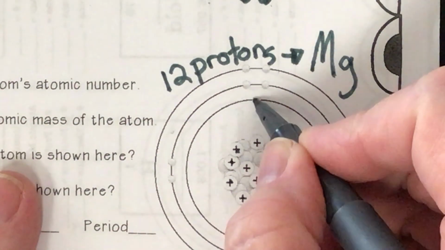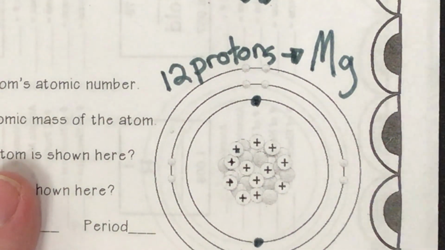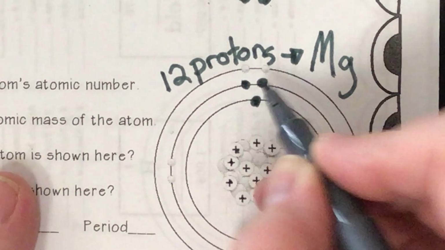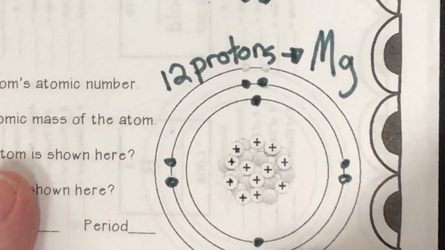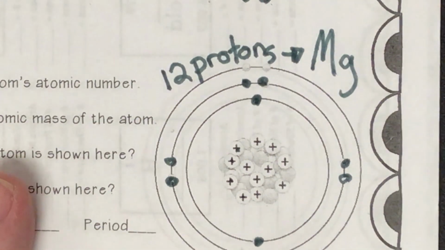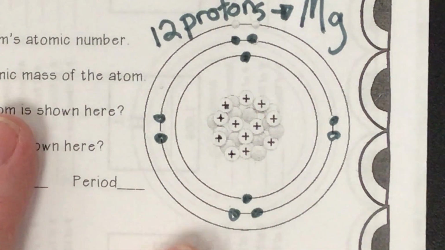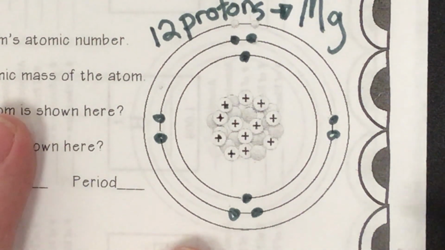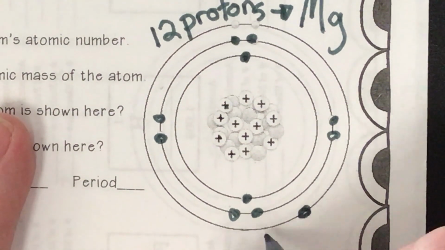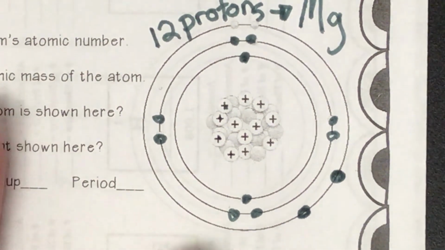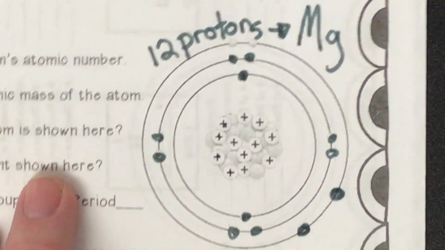So we've got to do 12 electrons, 2 in the first orbital, 8. Okay, so I've done 10. How many more do I need? I need 2 more. I'll just put them right under. Anyway, we should have 12, right?